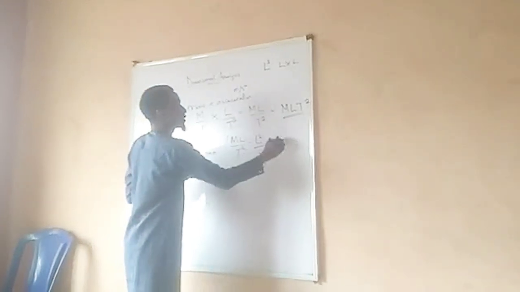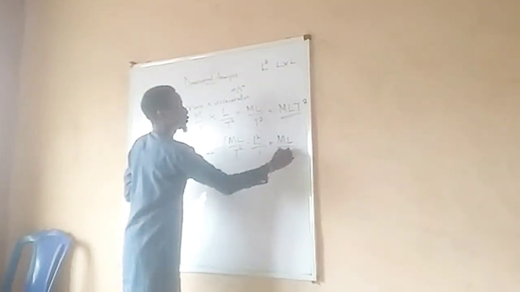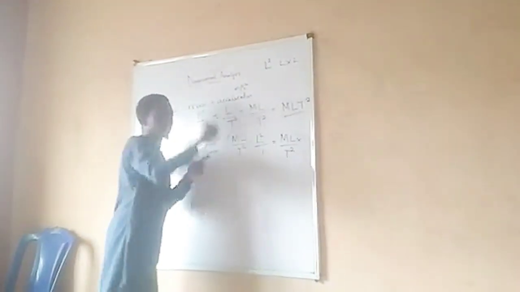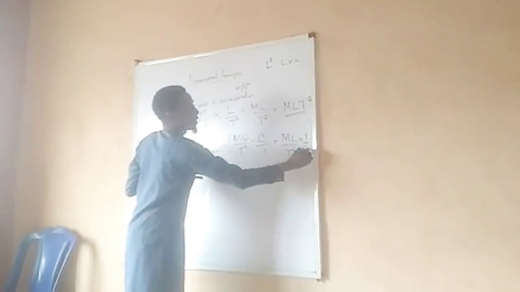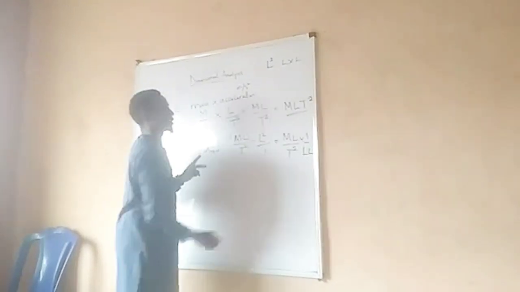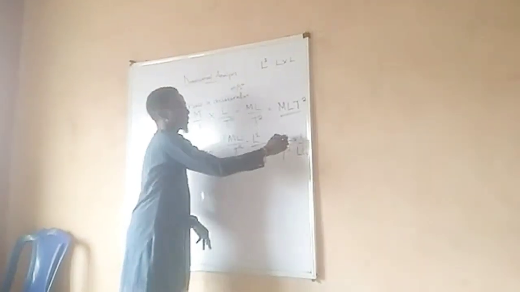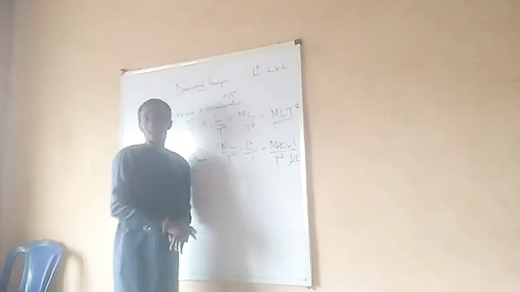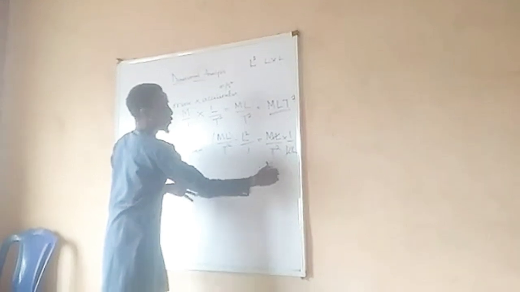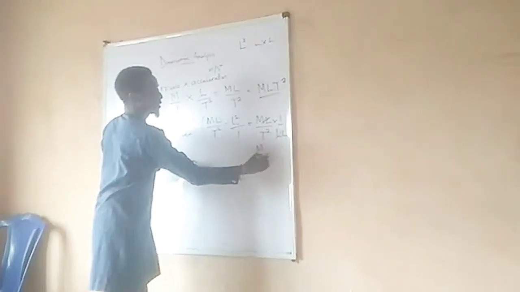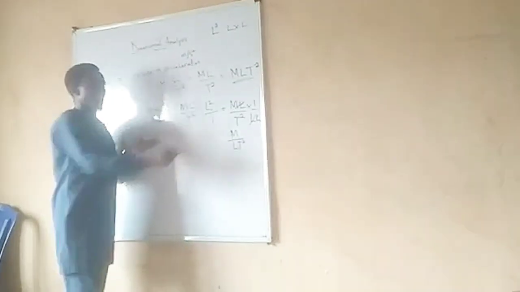This is the same thing as ML over T squared times 1 all over L. I want to cut, so I'll write it in full. This is my L squared. L. Is that not so? So this L will cancel one of them. I am left with M over LT squared. Is that not so? M times 1.